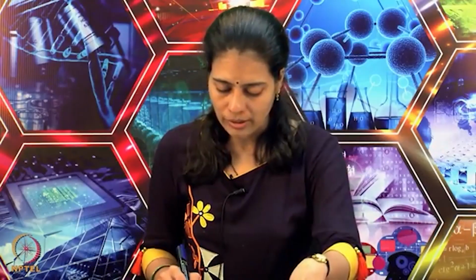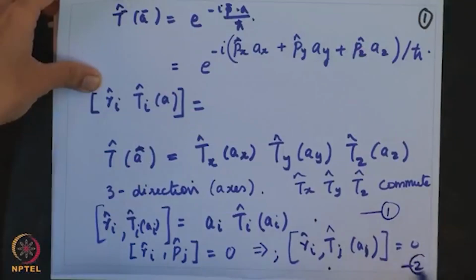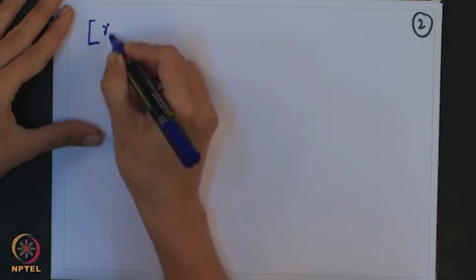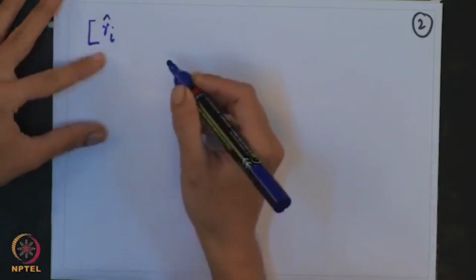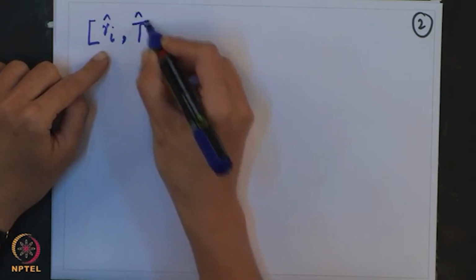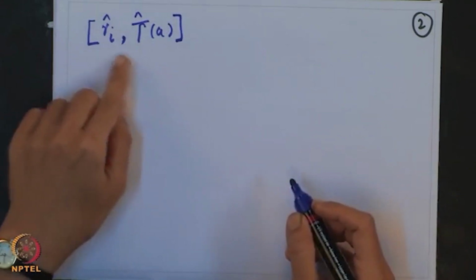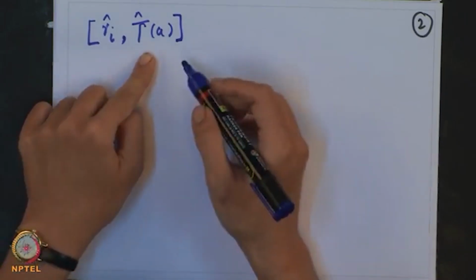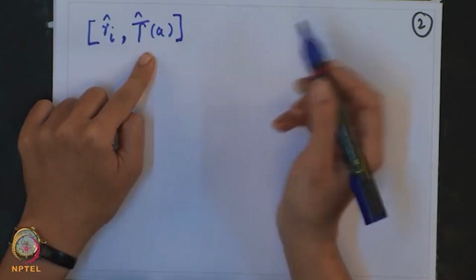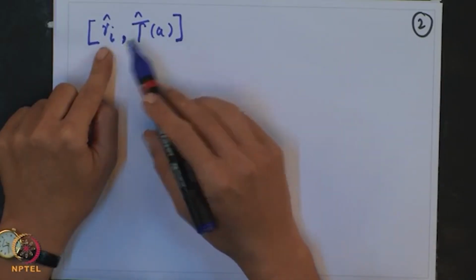So, using equations 1 and 2, let us write now [Ri, T(a)]. T(a) can be written as Tx Ty Tz, and Ri will commute only with Ti.